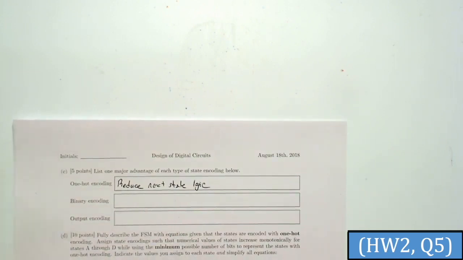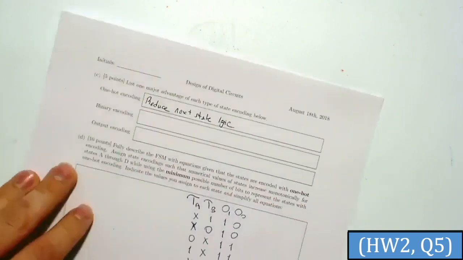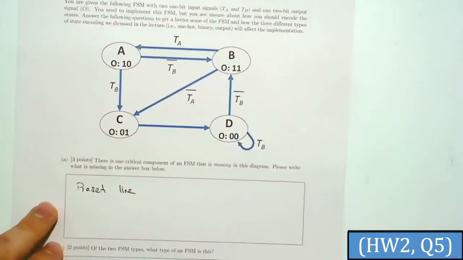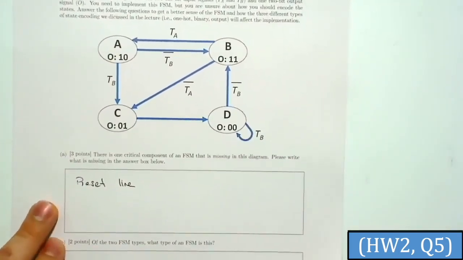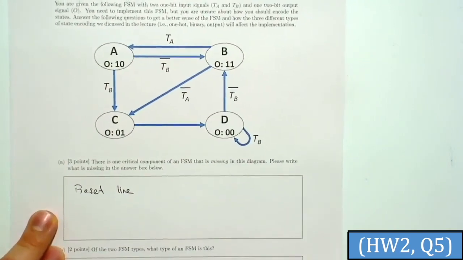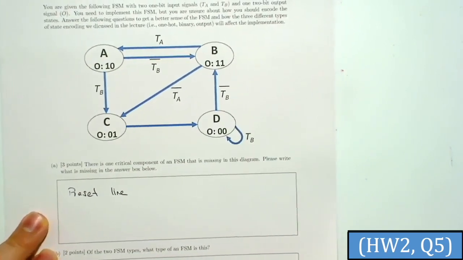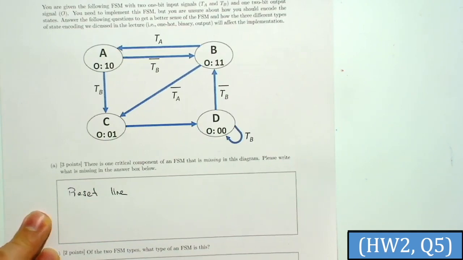For the binary encoding, our aim is to use the least amount of bits to represent the states. Yeah, I have a question about the reset signal, because the book explicitly states that it's optional. I'm actually not sure about this. Does it say the same thing in the slides as well? I don't know what it says in the slides, but in the book it says it optionally has a reset signal. So should we comply with that?